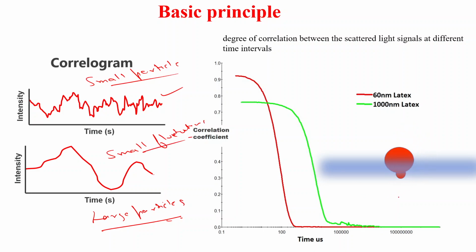From the graph also we can say that the small particles are moving faster and the large particles are moving slowly. So in the case of small particles, the correlation decay is faster, whereas in the case of large particles, the correlation decay is slower.